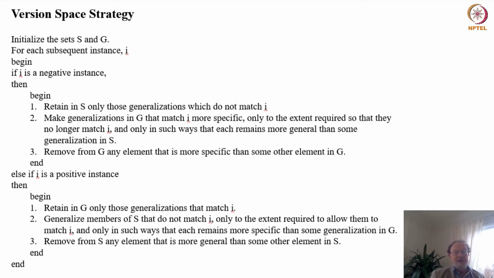And in the same way, we remove from S any element that is more general than some other element in S, because we also are conservative in the way we generalize S. So this is the essence of this algorithm.